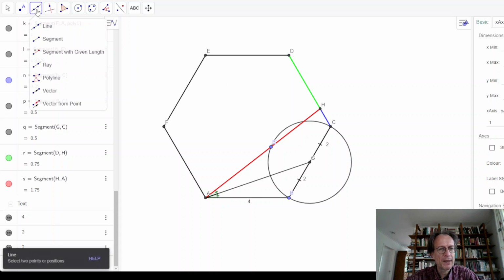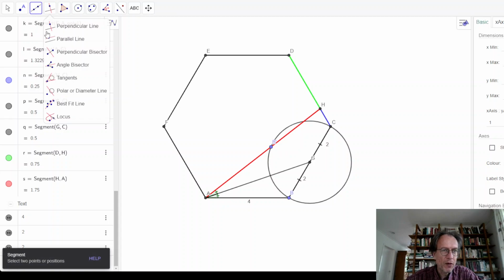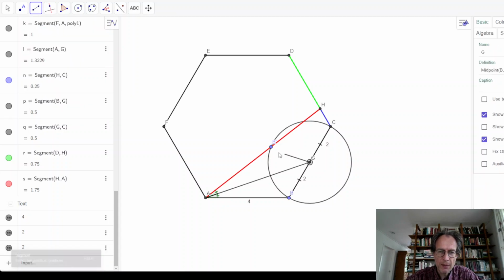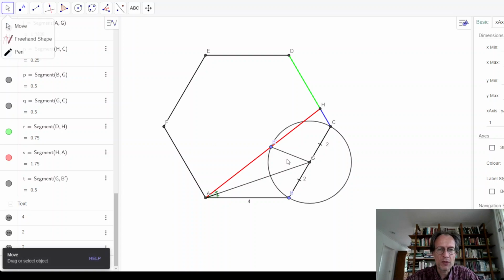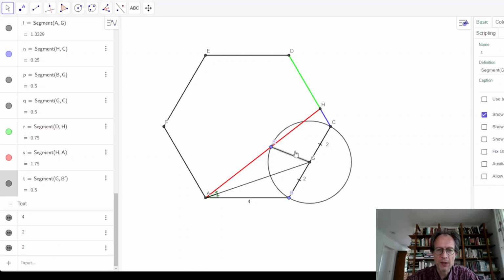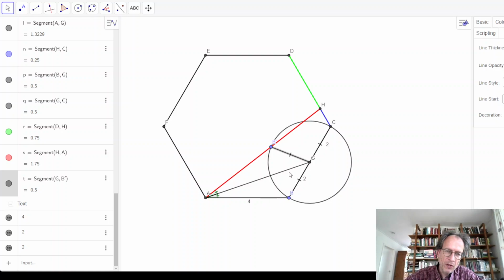So if I draw this line segment, then because it's a radius, by construction, it also has length 2. Now, because we have here 2 equal angles, it is obvious, because this is an isosceles triangle from the circle, that the diagonals of this quadrilateral are perpendicular.